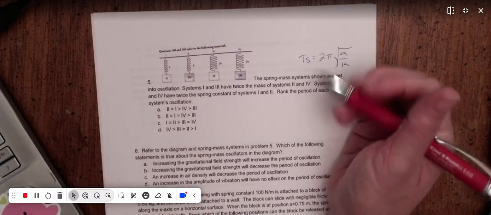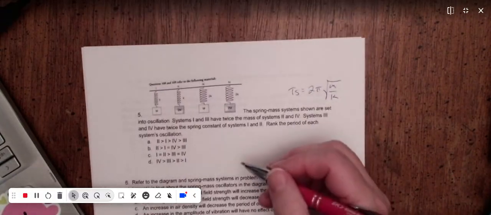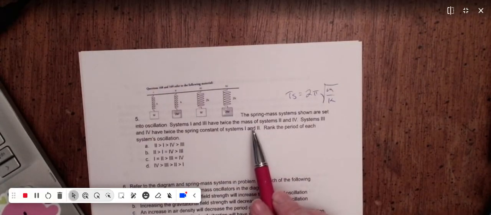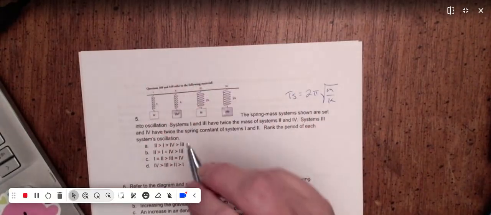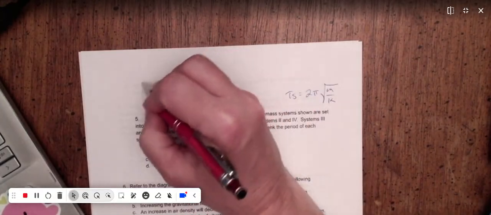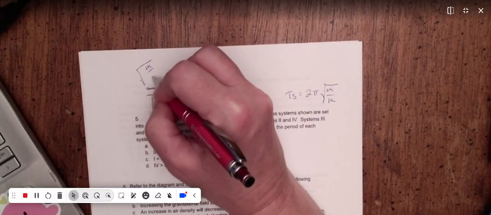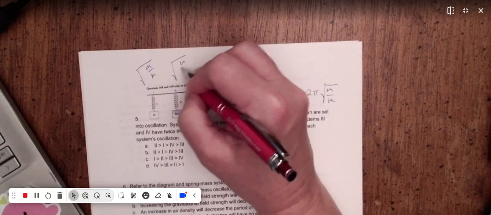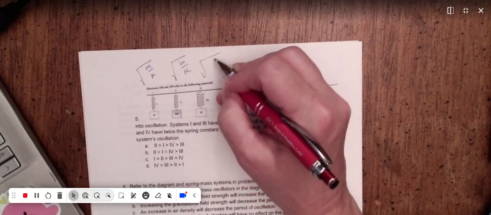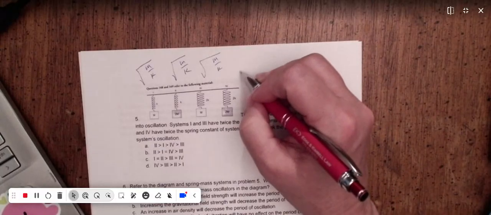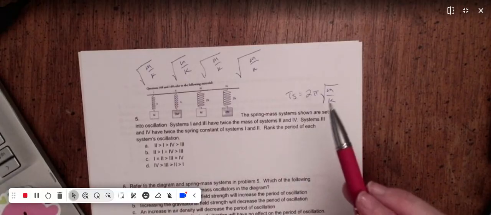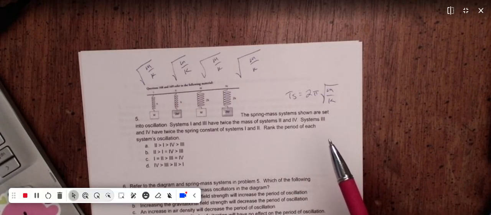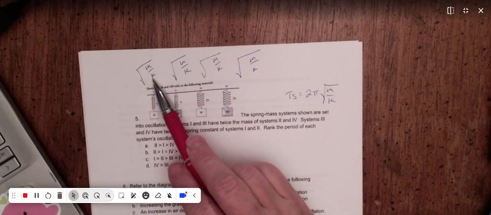Hang on. I'm trying to see how to write this so that it makes sense. So if I have 1, so what I'm going to do is I'll have my period equation in here, and then I'm going to have factors within each of those, depending on the mass and the spring constant values. Okay, so 3 and 4 have 2 times 1 and 2 for the spring constants.